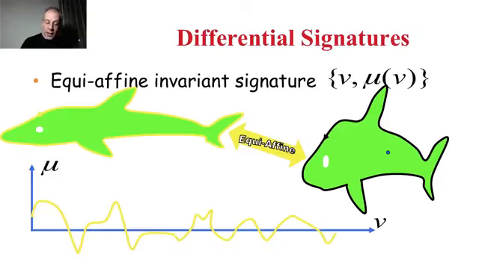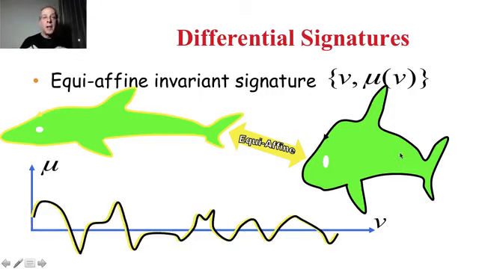If we take, as we talked before, an affine transformation preserving area, remember, equiaffine. So we have a curve, the boundary of a shape, and we take an affine transformation. We compute the affine curvature of this shape as a function of the affine arc length of the shape. We do the same for the new curve, and voila, they're identical.